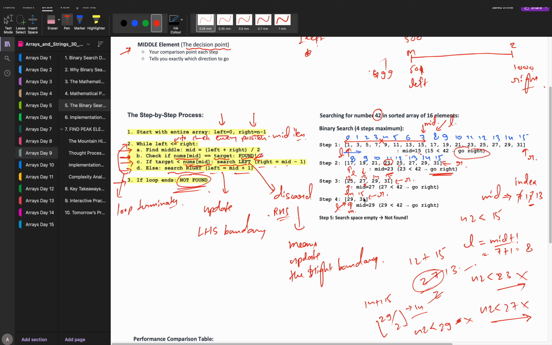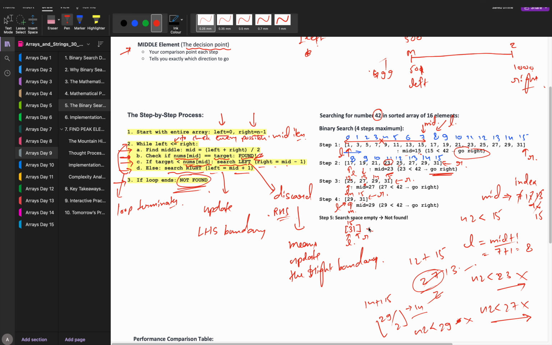So where am I right now? अगर मैं right जाता हूँ तो obviously it was 14, now it is 15, है ना? So at step 5 I would be having index 15, right is already here, left is already here. Left is less than or equal to right, तब तक चल रहा है.